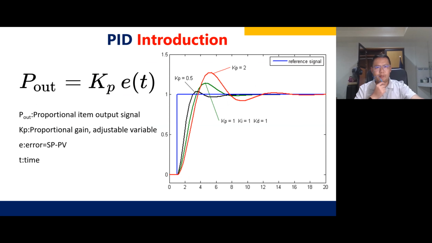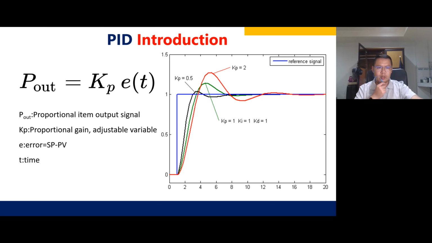Next is the explanation of proportion. The proportional response can be obtained by multiplying the error by the constant Kp, also known as the proportional gain.